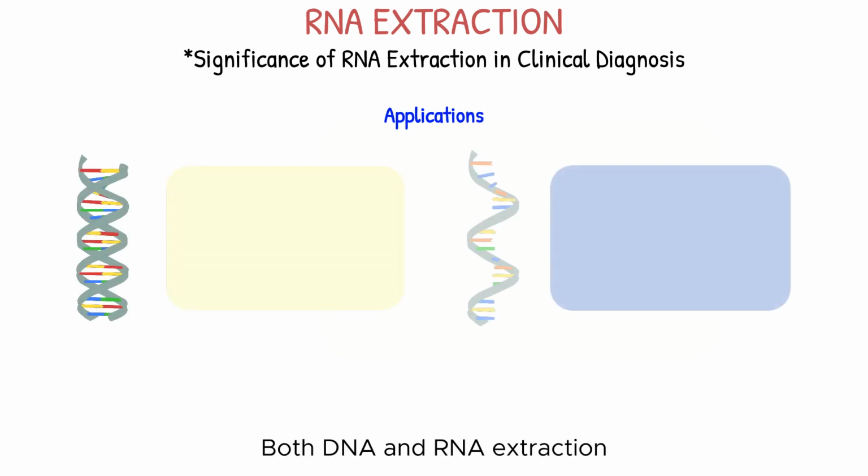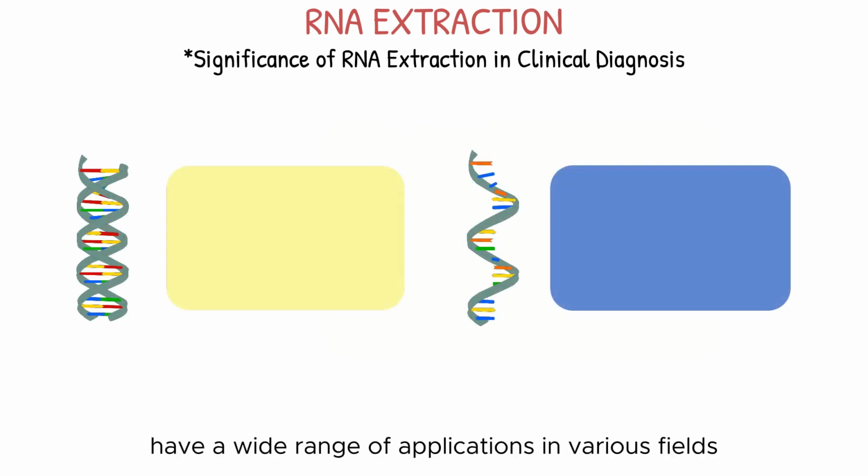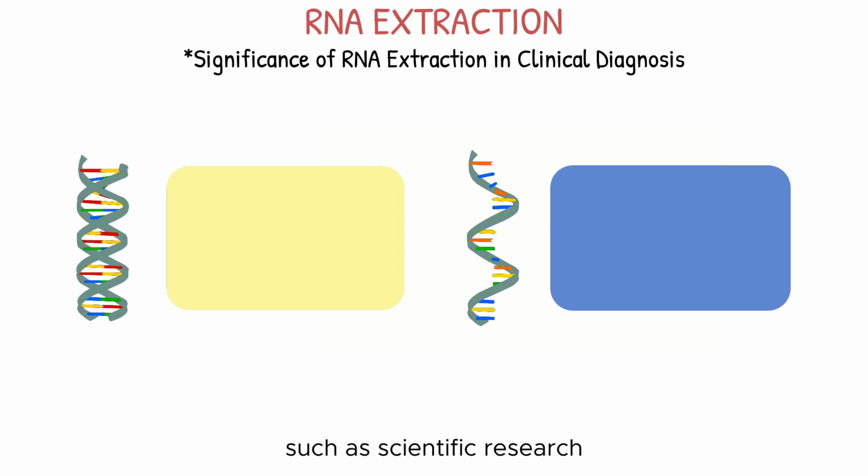Applications. Both DNA and RNA extraction have a wide range of applications in various fields, such as scientific research, clinical diagnostics, and forensics. However, their specific applications differ due to the distinct roles DNA and RNA play in cellular processes.